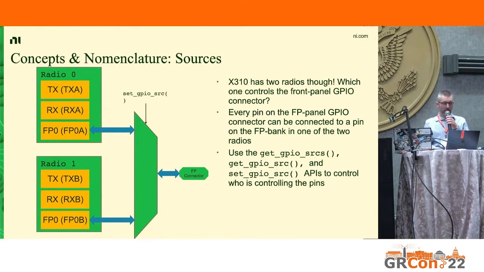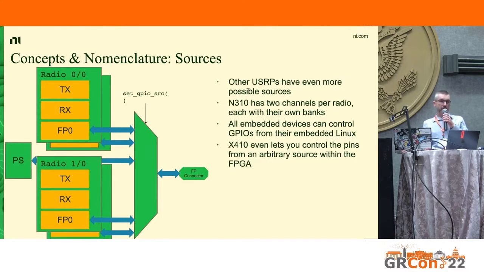All right, but that's not all the available sources we have. If you look at the USRP N310, for example, we have 2 channels per radio, which means we also need 2 banks per radio. And that means we already have 4 of these registers that are all potentially able to drive the front panel connector. But we have another mode, which is the PS mode, the processing system mode.